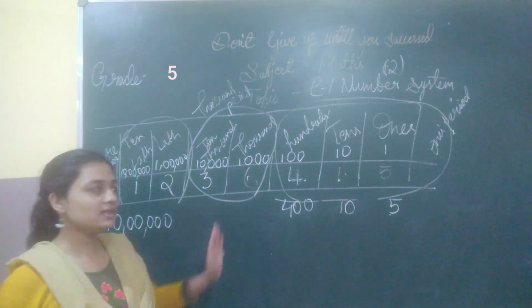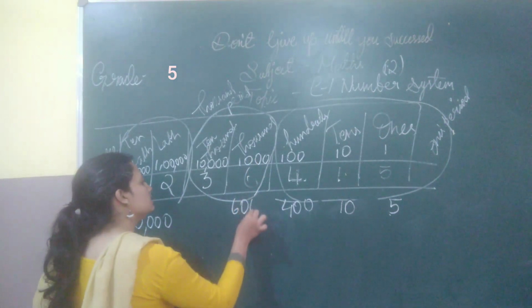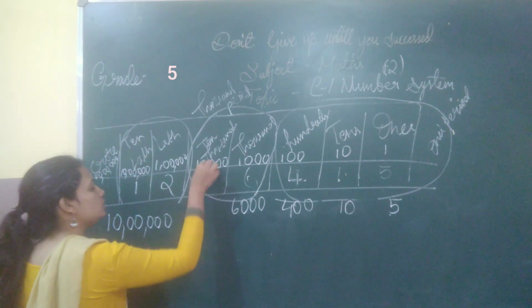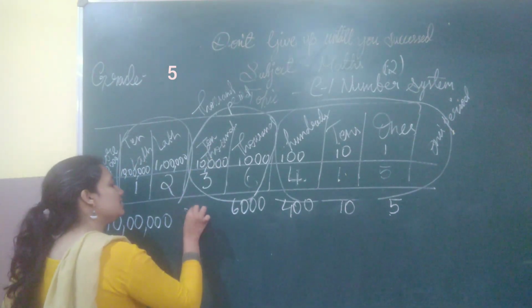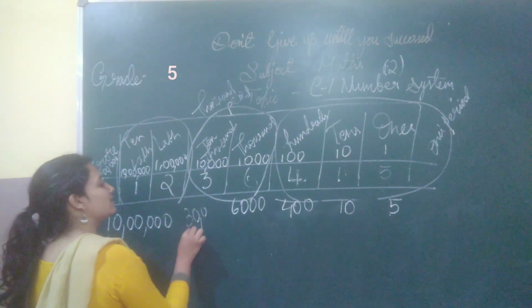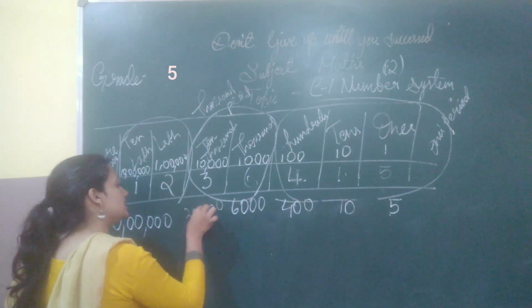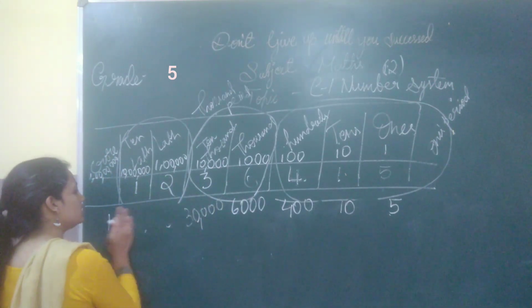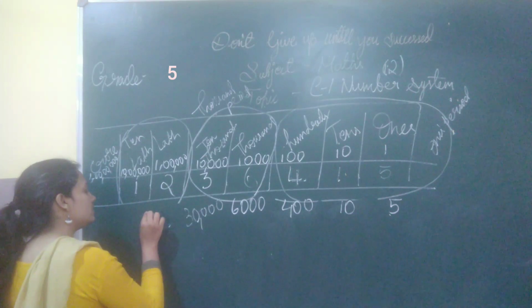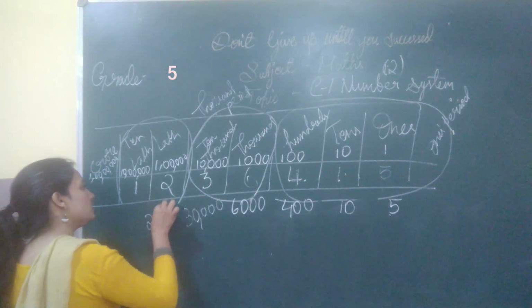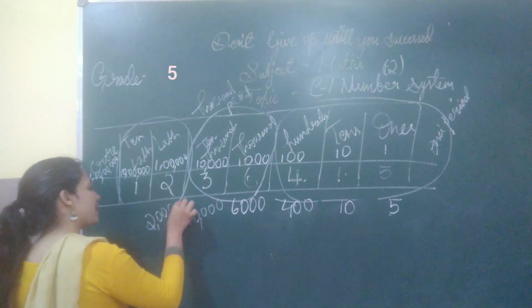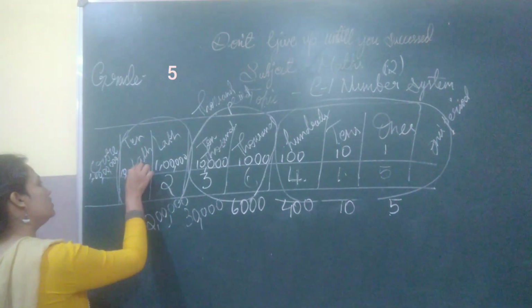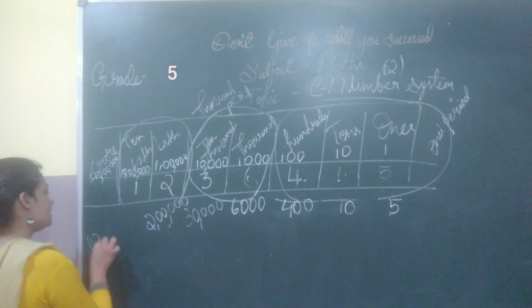Next, see now. So what's the place value of 6 in this? 6 into 1000, 6,000. 3 into 10,000, 30,000. 3 10s are 30 and 3 zeros, 30,000. And 2 is in lakh. So right? 2 into lakh is 2 lakh. 1 into 10 lakh is 10 lakh only.